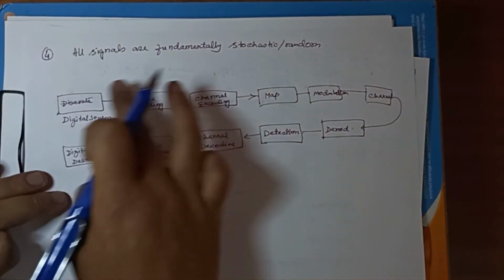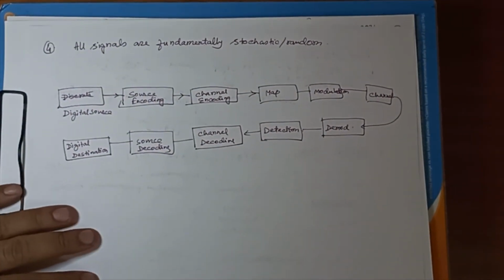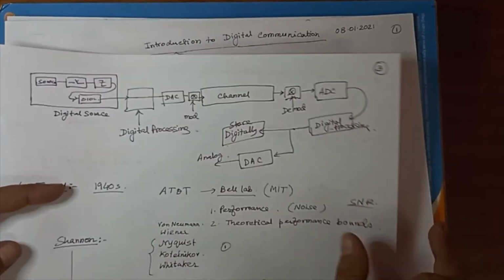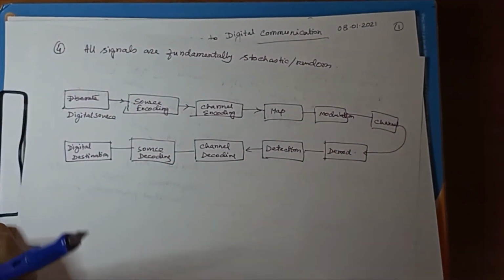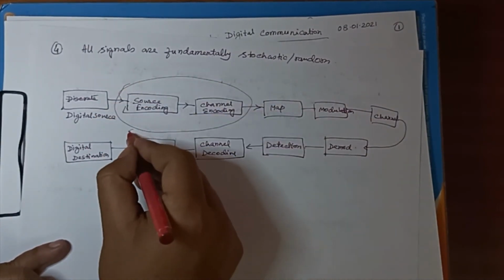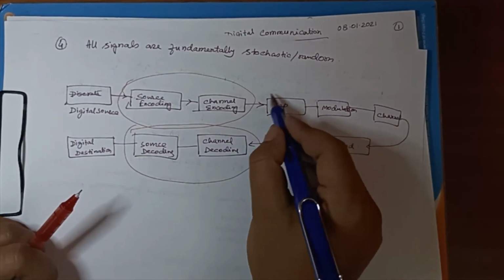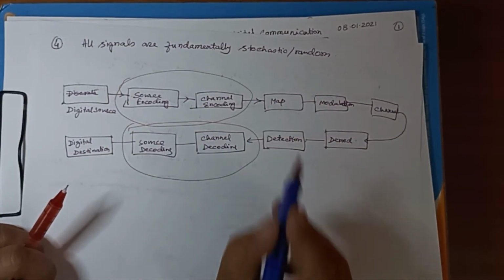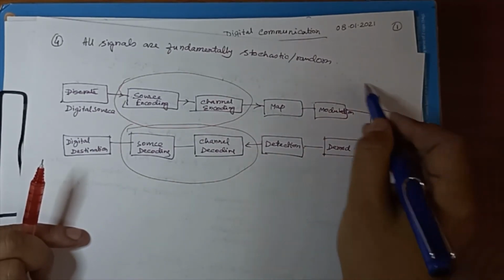Now we can visualize this entire signal flow diagram in different ways. In the earlier diagram, the digital processings are essentially this and this, and this is the digital to analog conversion, and this is again the analog to digital conversion. Modulation, demodulation and channel are exactly like analog communication.